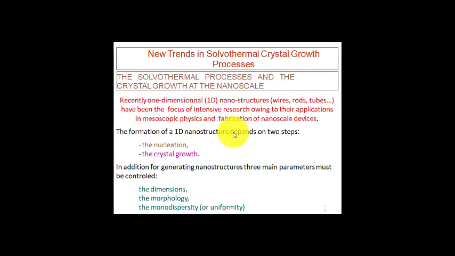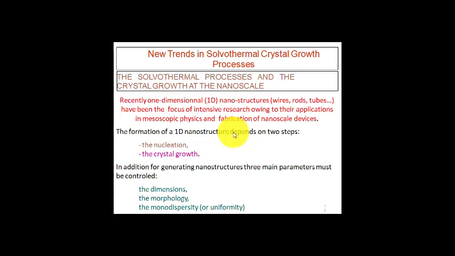The first one is nucleation and the second one is crystal growth. In addition, for generating nanostructures, three main parameters must be controlled. So to control nucleation and crystal growth, these three parameters are very important.